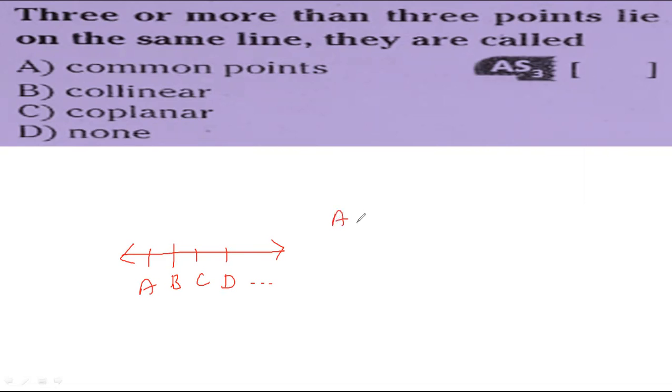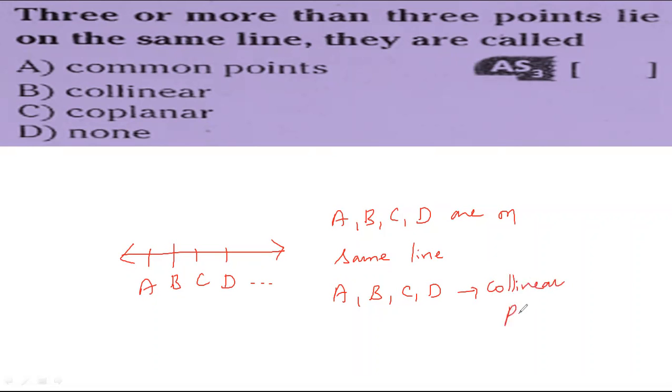Here A, B, C, D are on the same line. In the picture it is clear. Such points A, B, C, D are called collinear points. So option B is correct.